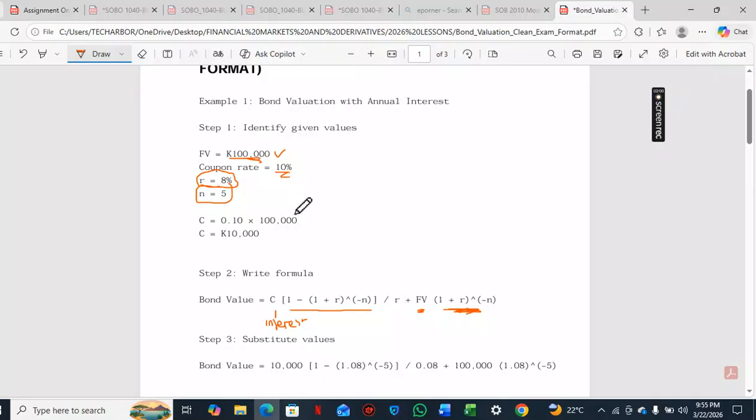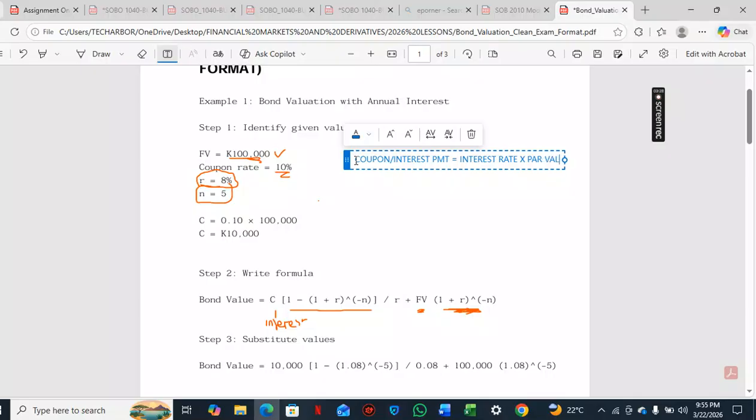So the first thing, you always need to get the interest payments or the coupon payments. The coupon or interest payment is the interest rate multiplied by the par value of the bond. Par value, face value, same thing.